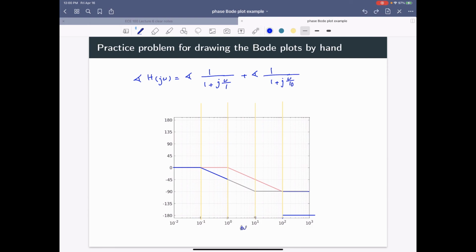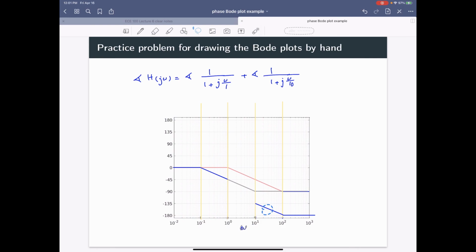Let me show you. Okay, so this is the line. This is the same line, this one, pulled down by 90 degrees. So I'm adding negative 90 to that line. All right, so that's my line.